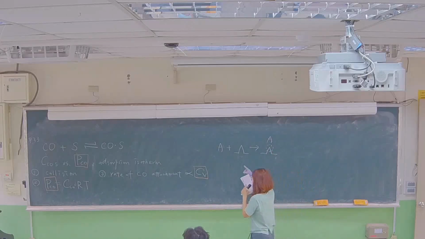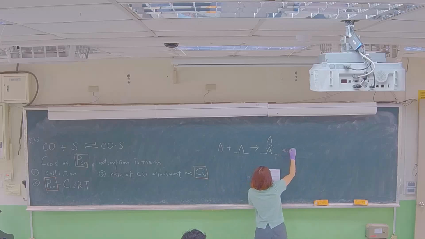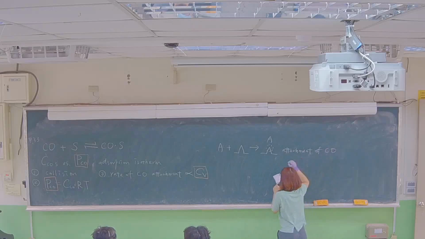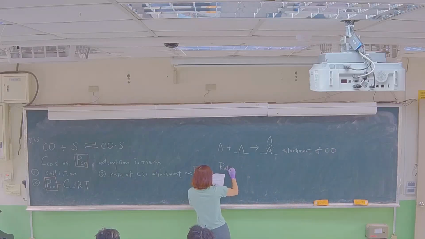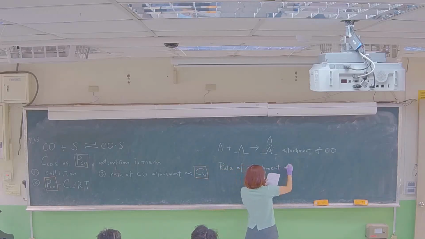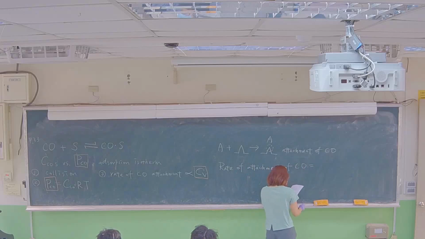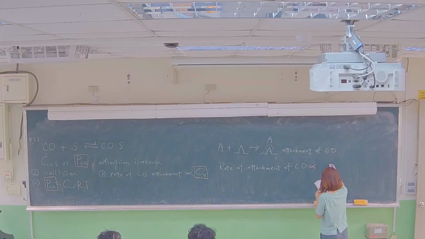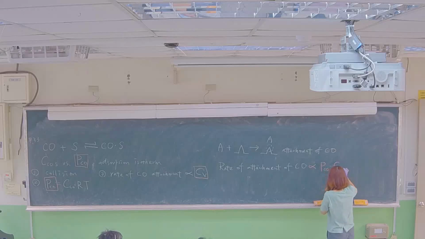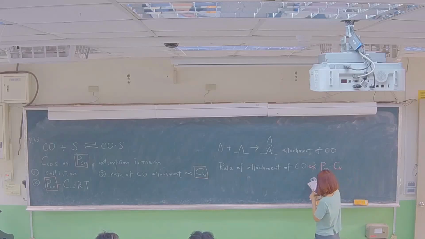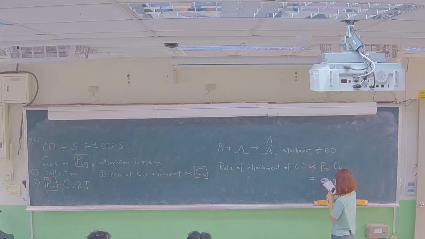We call it attachment of CO. So the rate of attachment of CO is proportional to pressure and the vacant site concentration. But if you want to replace the proportion by the equal sign, you have to show the constant.